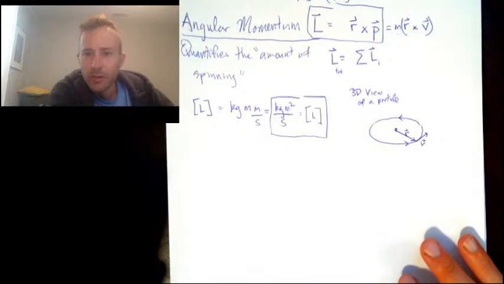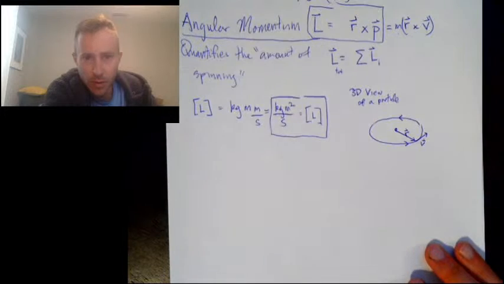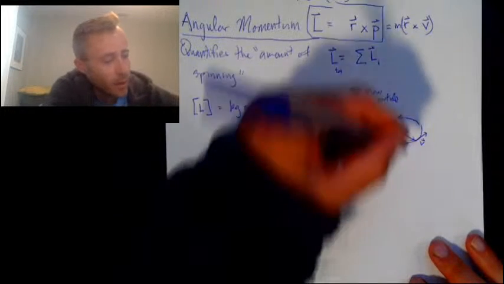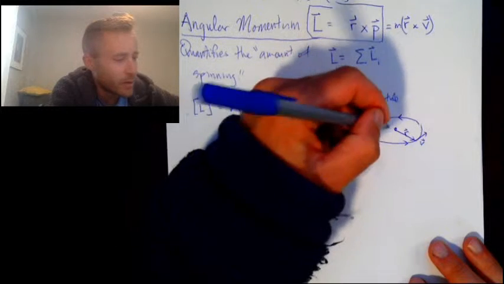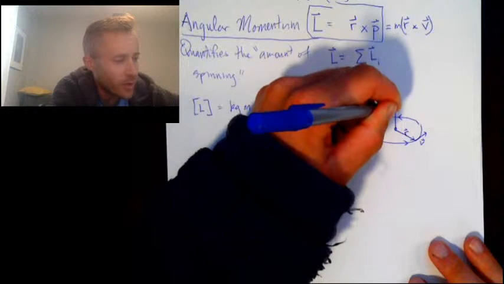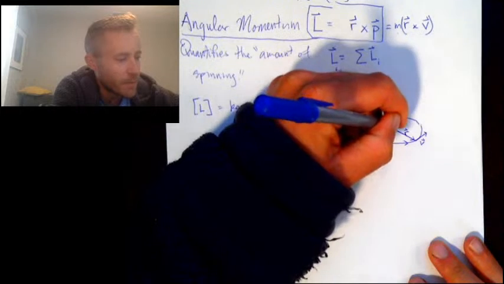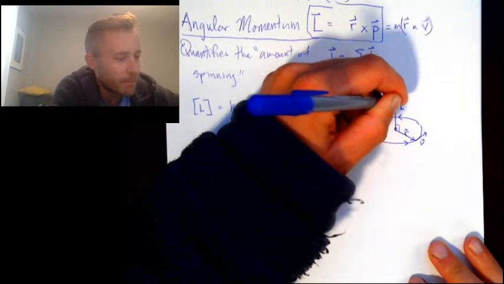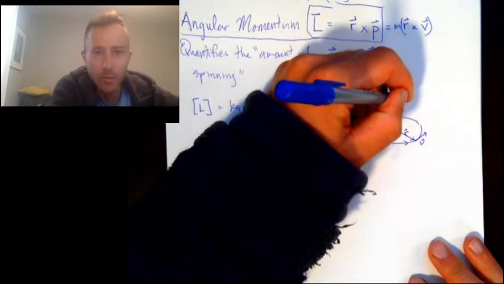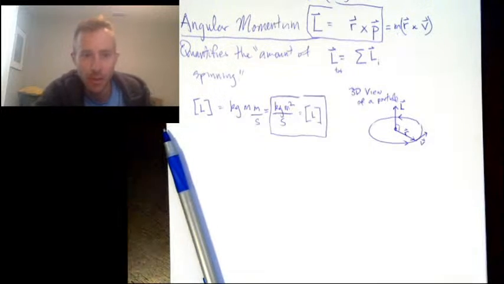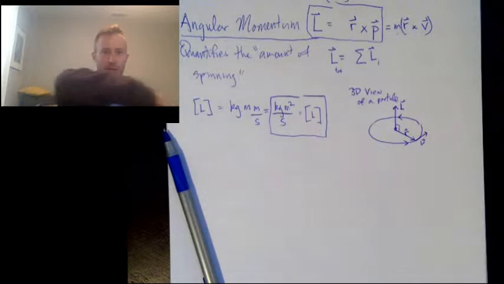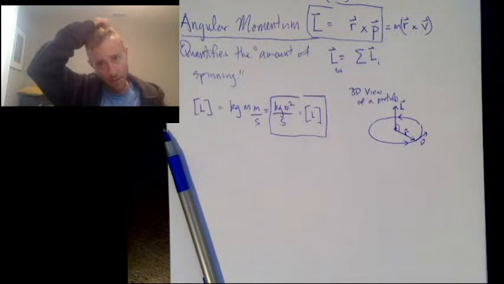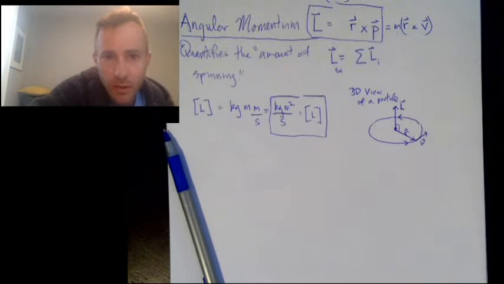If you were to work out that cross product, you would find that the direction of the cross product of r cross p is going to be perpendicular to the plane of the orbit. So the angular momentum vector, if you have, for example, a planet orbiting the sun in a circular orbit, is perpendicular to that plane. That's the way the angular momentum vector works.